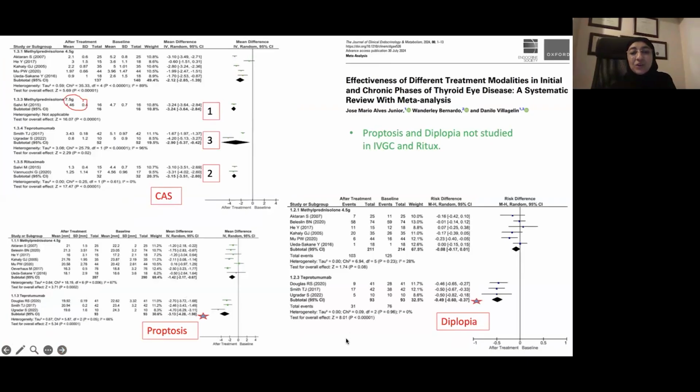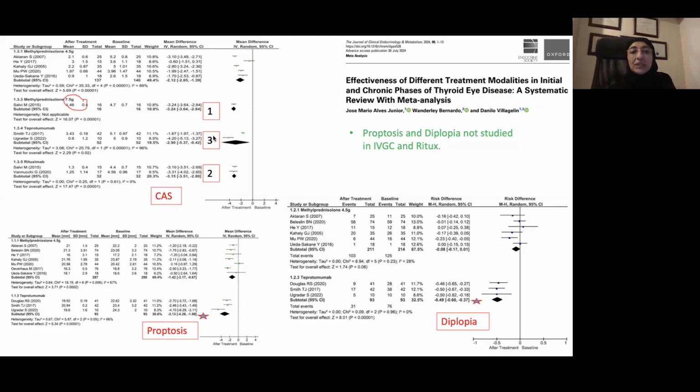This study is one of my favorites because I've always wanted to see a head-to-head comparison between IV GC and teprotumumab, and unfortunately that didn't happen. However, this is a meta-analysis comparing these three different studies with disease activity.